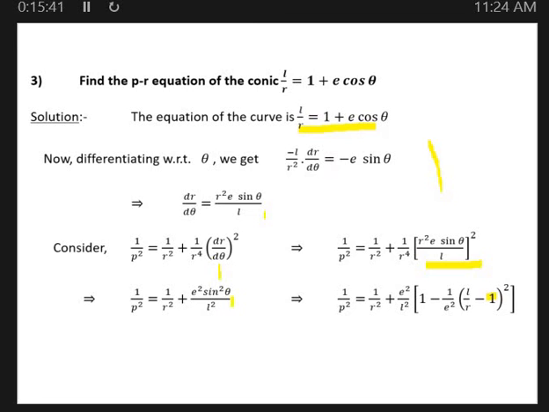By using sin square theta is equal to 1 minus cos square theta and substituting the cos square theta value, we get 1 minus 1 by e square into l by r minus 1 whole square. So therefore, by simplifying this, we get 1 by p square is equal to 1 by l square into e square minus 1 plus 2l by r. So this is the required P-R equation of the given curve.